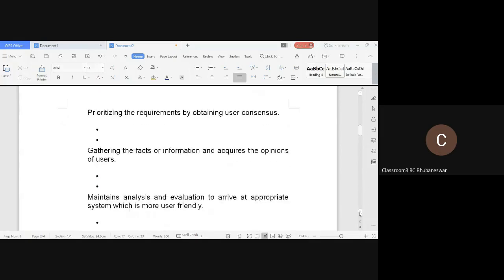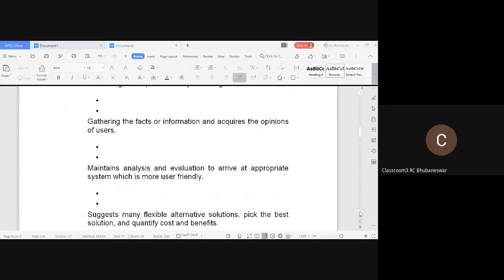There are many responsibilities that a system analyst should have. He should also maintain analysis and evaluation to arrive at an appropriate system which is more user friendly.